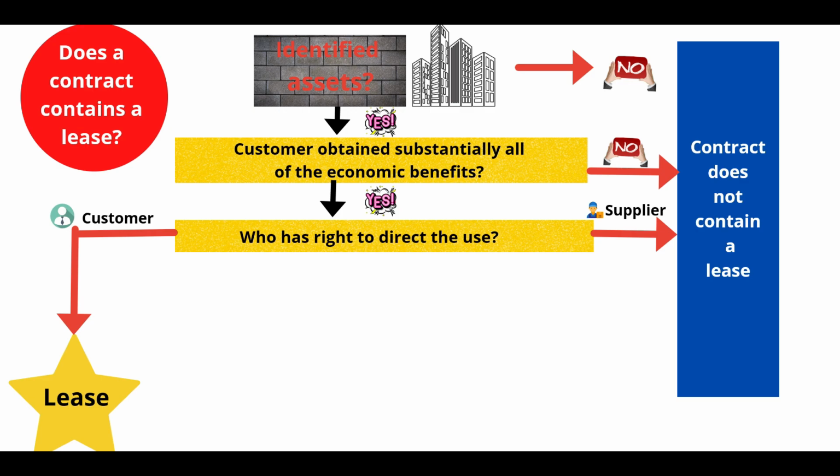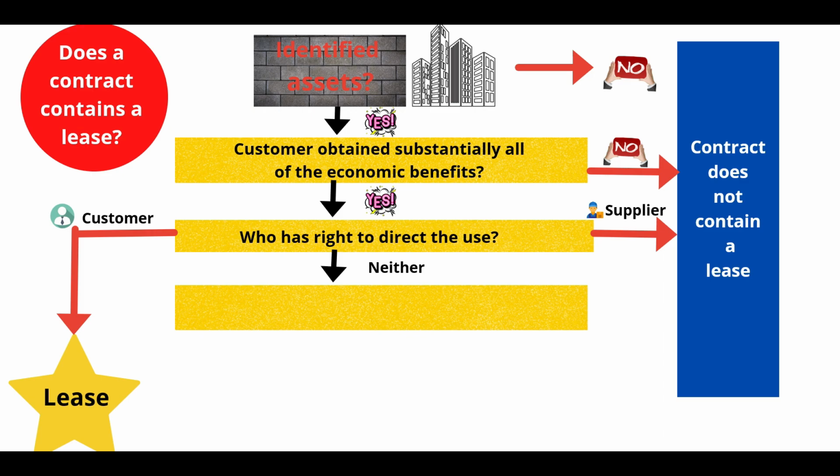And if neither party has the right to direct the use, then we need to explore the next condition. Does the customer have the right to operate the asset during the period of use without the supplier having the right to change those operating instructions?